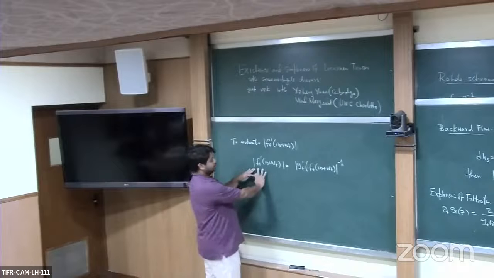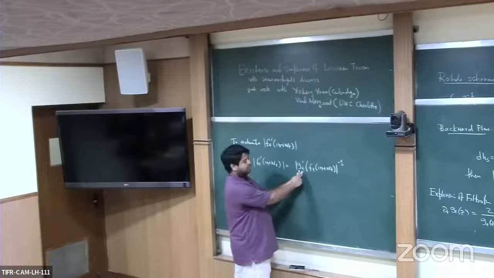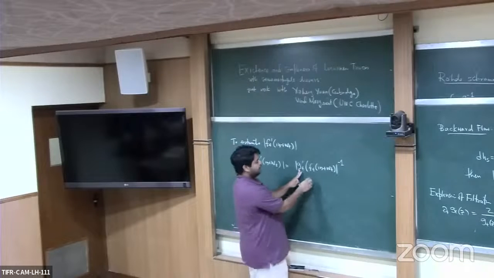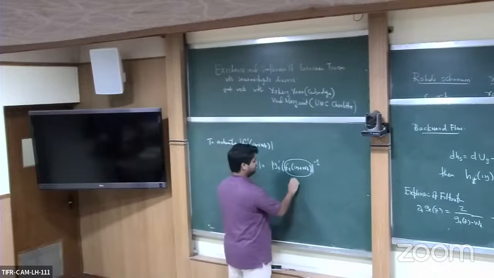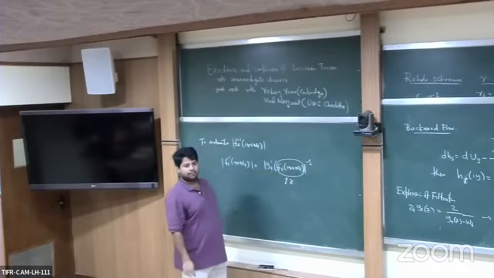The goal is to estimate that. We can only estimate g_t prime because we only know the information about the forward flow. But again, you are left with this Z, which you don't have any information about.